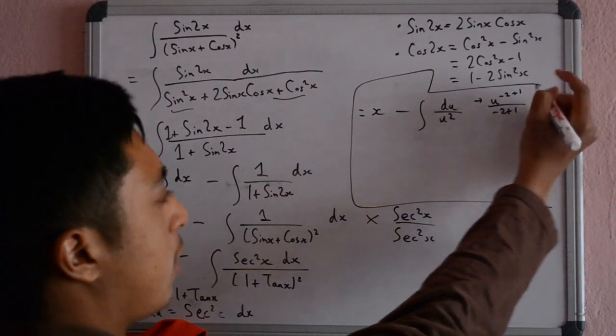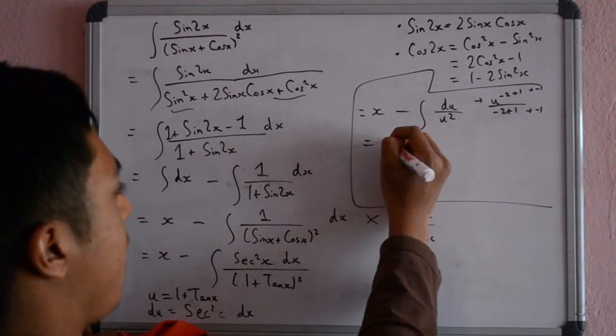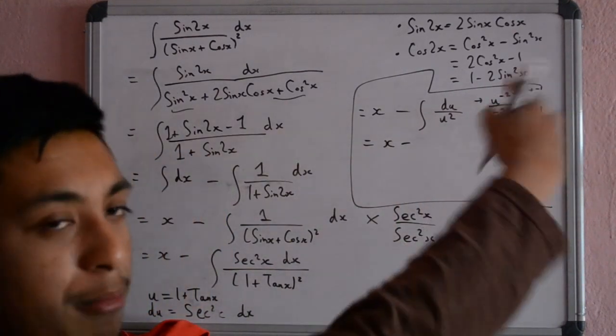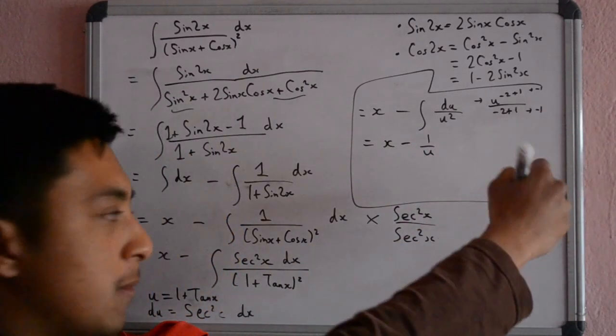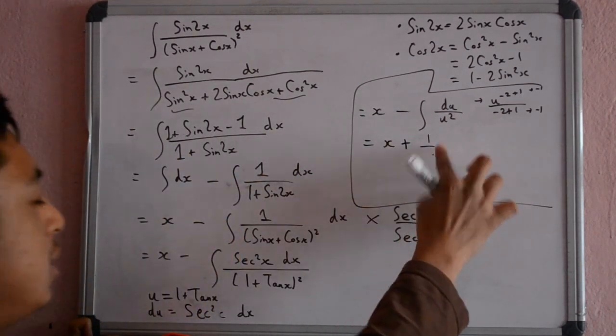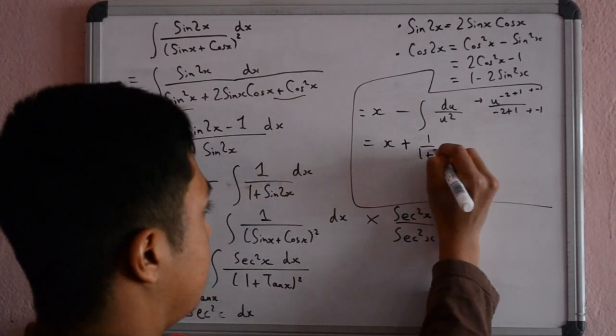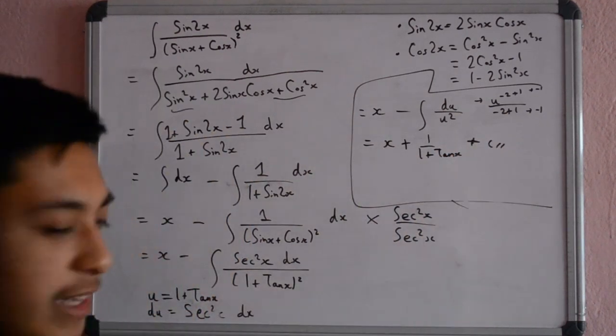So minus 2 plus 1 is equal to minus 1, over here also minus 1. So you have x minus u to the power minus 1, which is 1 by u, into minus 1. Well, we have minus minus, which is plus, and our u is simply 1 plus tan x, and don't forget our plus c, and that is it.